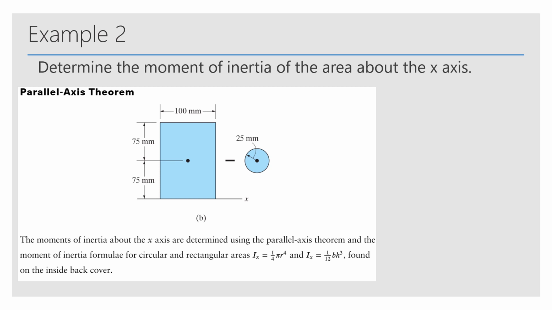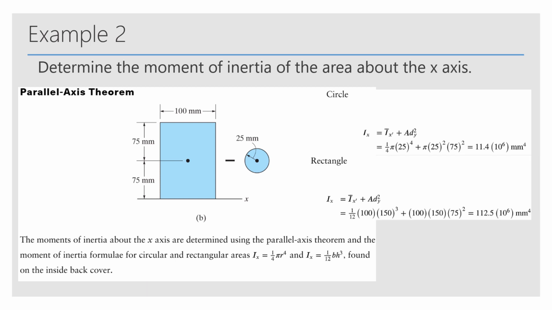The moments of inertia about the x-axis are determined using the parallel axis theorem, and the moments of inertia for the circular and rectangular areas are given by those equations that you see there for Ix for both the circle and rectangle. For the circle, we have this using the parallel axis theorem. This is how you would execute that equation that we were seeing from before. And then this is what you would find for the rectangle.